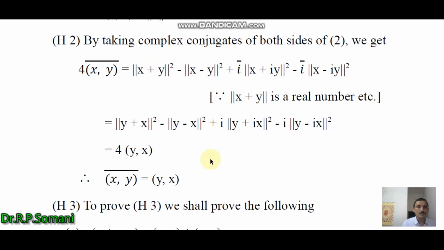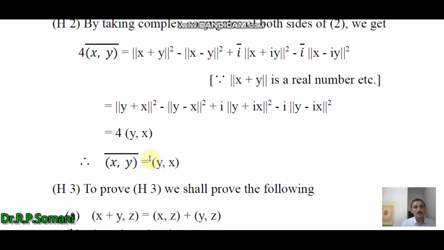So in this way we obtain that 4 times the conjugate of ⟨x,y⟩ equals 4⟨y,x⟩. Therefore the conjugate of ⟨x,y⟩ equals ⟨y,x⟩. So we obtain the property H2.